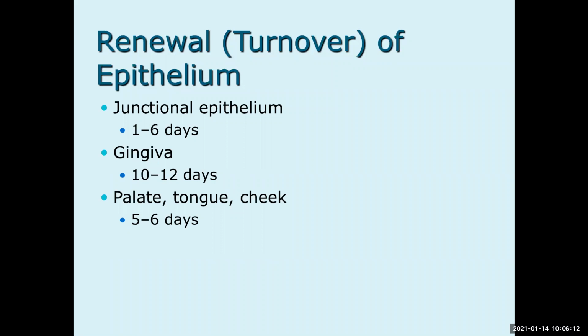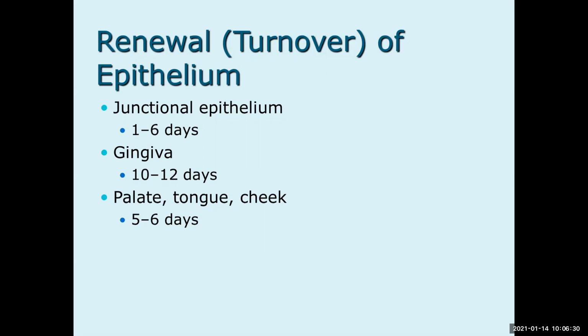So if you've got a canker sore or something else, or you bite your tongue, this will tell you about how long you can tell the patient it's going to take to heal. Gum tissues heal very rapidly.